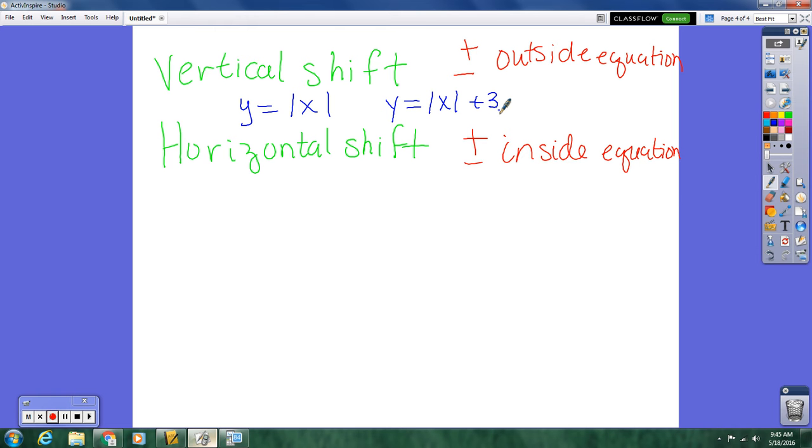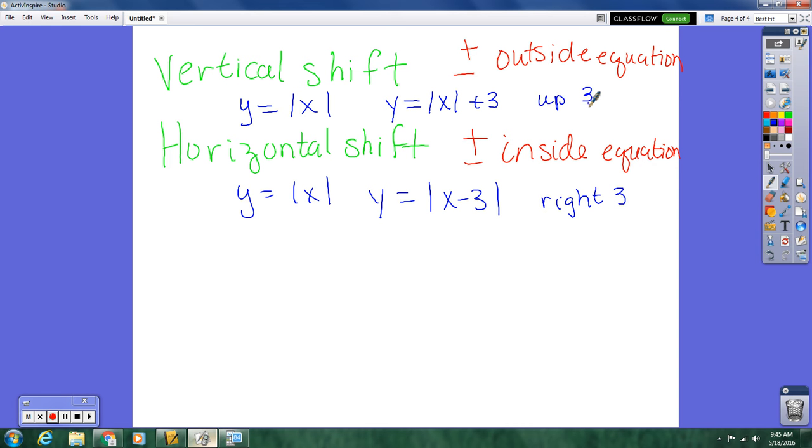If I wanted to shift it right or left, I use the inside. Remember the trick on this one? It was just the opposite of what we thought. If we wanted it to go right, we put minus. So x minus 3 would move it right 3. That's a horizontal shift right 3, and this would be a vertical shift up 3.